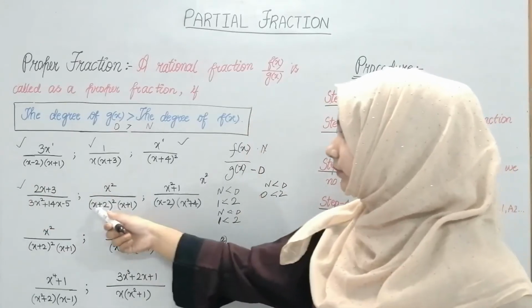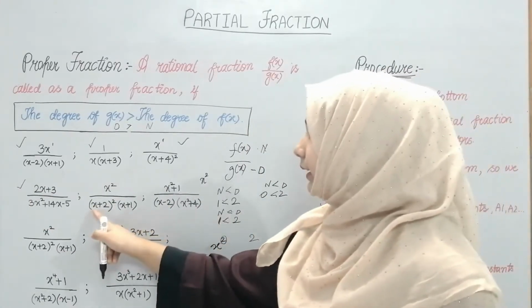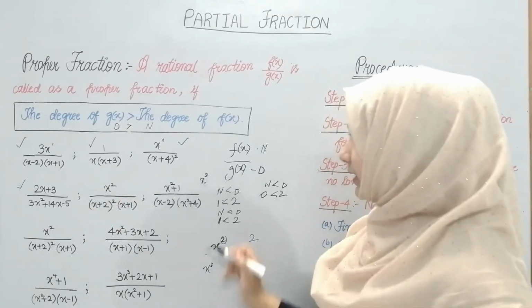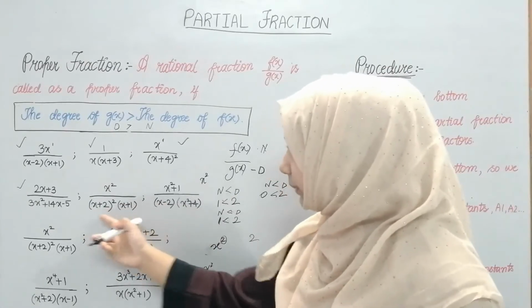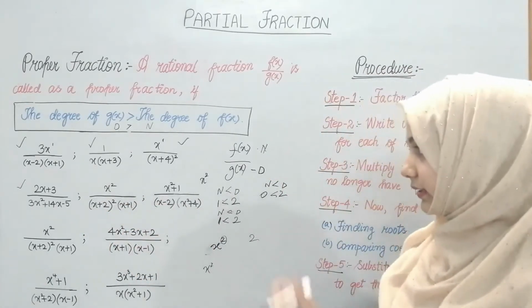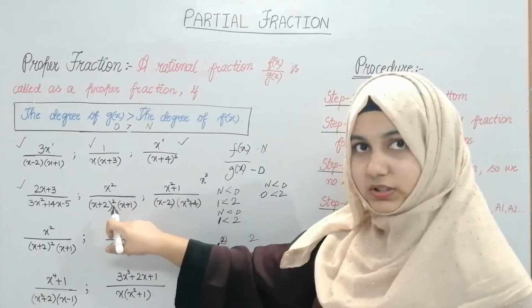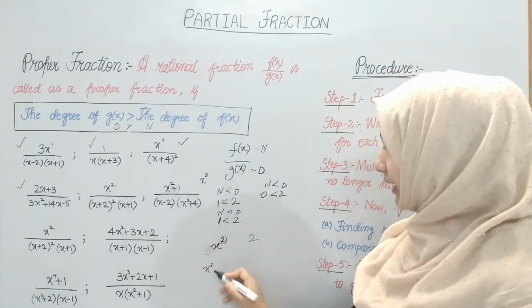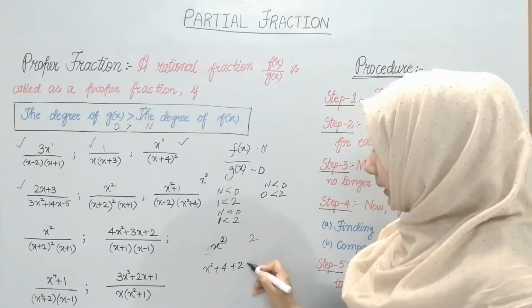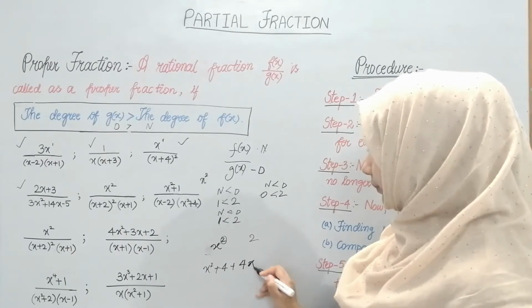Here, the numerator has degree 2. In the denominator it is a whole square, so x squared, but that is not all. After this we are going to multiply these terms with this term. If we expand x plus 2 whole square, it is (a plus b) whole square, which is a squared plus b squared plus 2ab, that is x squared plus 4 plus 4x.